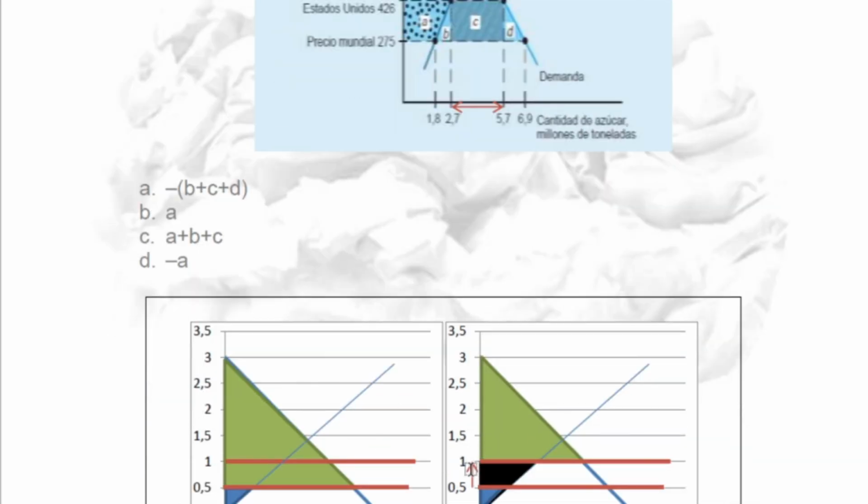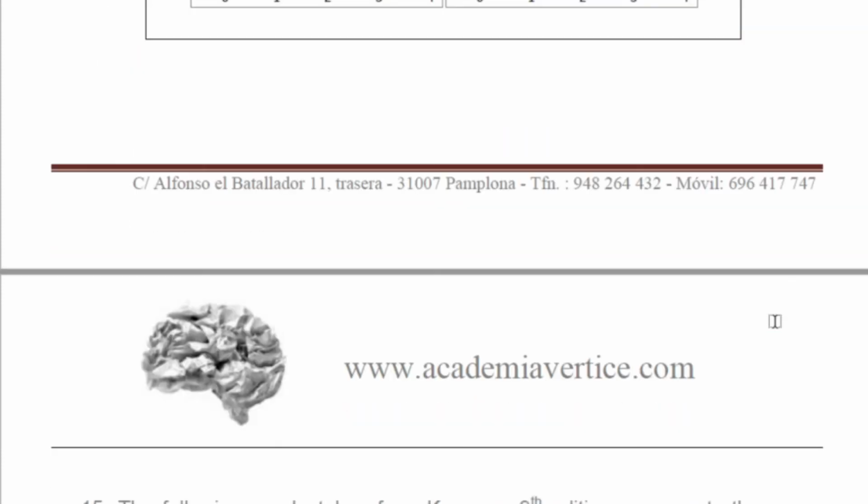Now the policy is directly to the price, but the producers don't mind if this new situation comes from imposing an import quota or from imposing a tariff. These may not be very easy questions, but they should be easy if you look at the graphs with care.